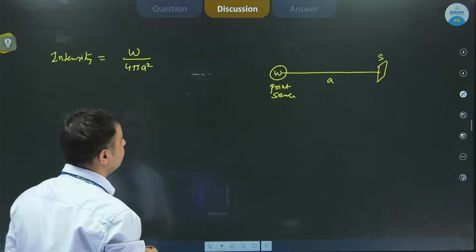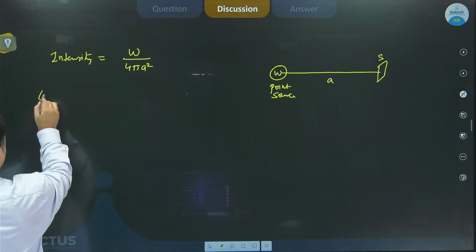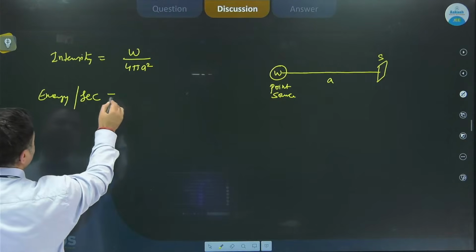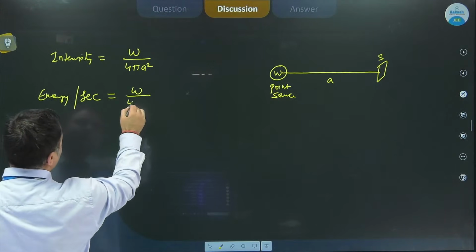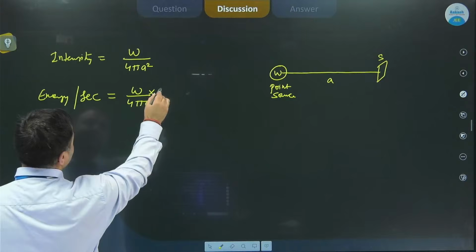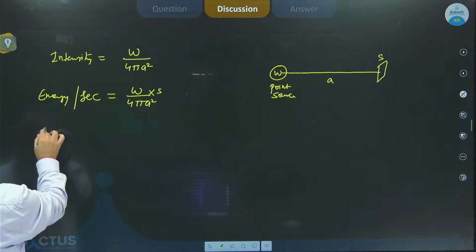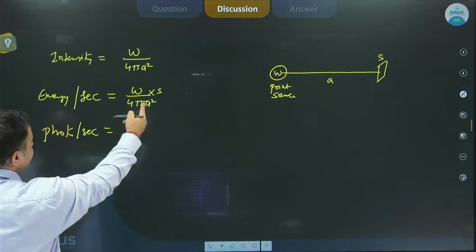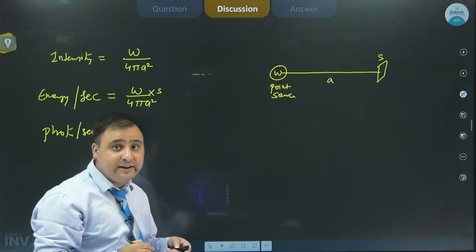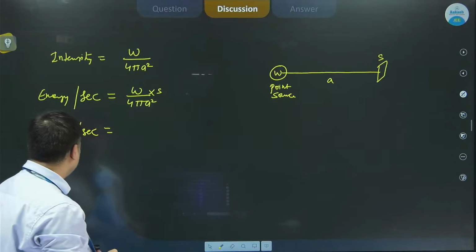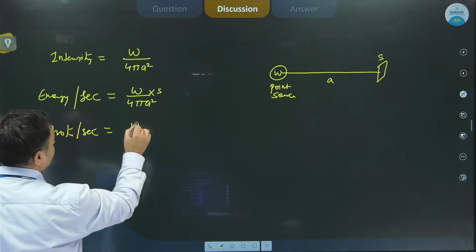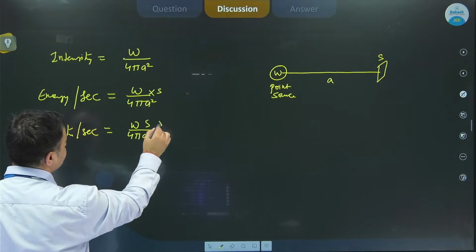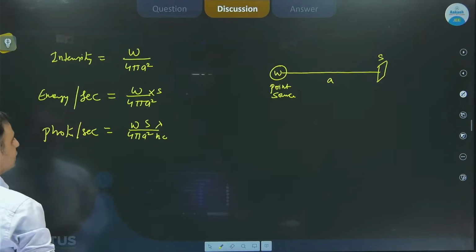So energy falling per second on the surface will be W upon 4 pi a square into S. This is the total energy falling per second. So we divide by the energy of one photon, and it will be photons falling per second. So W into S upon 4 pi a square hc by lambda. So these are the photons falling per second.